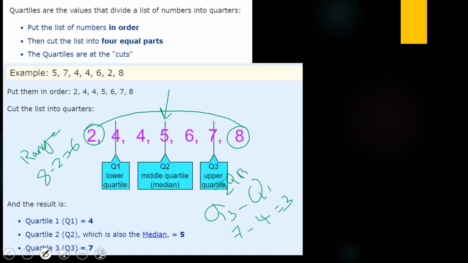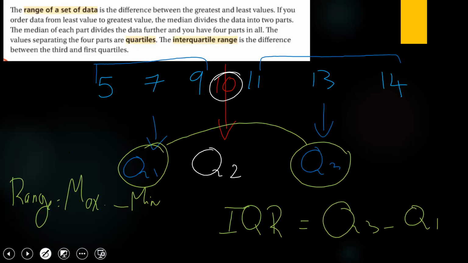Should the range and the interquartile range be close to each other, or is that not necessary at all? No, that's not necessary. There's no relation between them. And look here, as an example, we have 14 minus 5, which is 9.